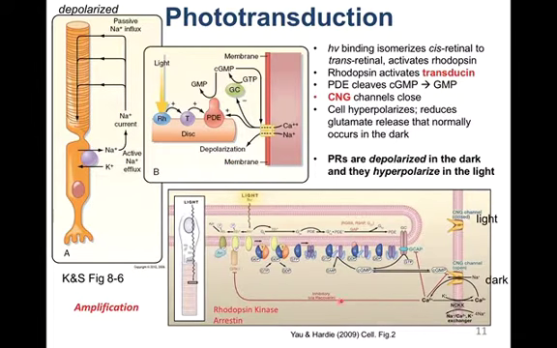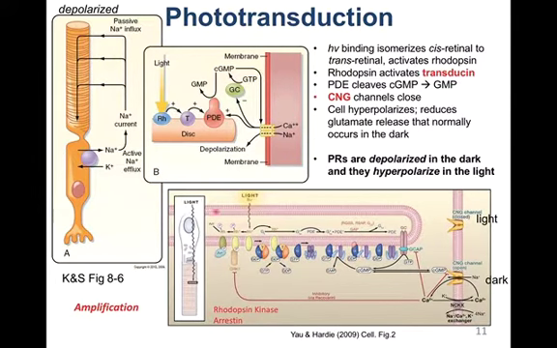The panel down at the bottom just shows that this is an extremely complex pathway with a number of different interconversions and a number of different modulators. The two that I'd like you to know, I've written in red at the bottom: rhodopsin kinase and arrestin. Anytime we turn a signal on, we also need to be able to turn a signal off.